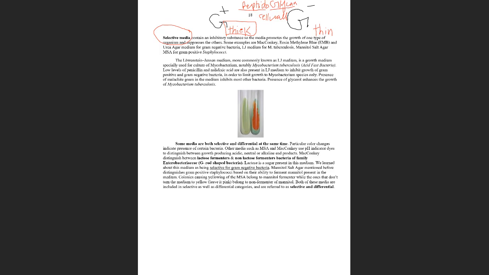So it will only allow gram-negatives to grow on that plate and will discourage all the gram-positives from showing up. So that will make your job easier. If there is a gram-negative present in the specimen, it will show up on the plate. If not, the plate will not have any growth on it. So you'll know your patient specimen doesn't have any gram-negative in it. Did everybody follow that?